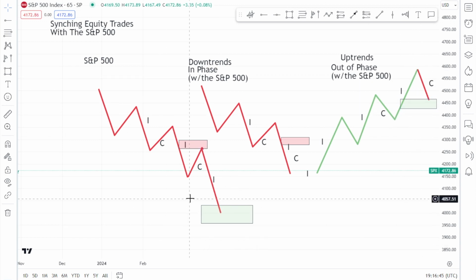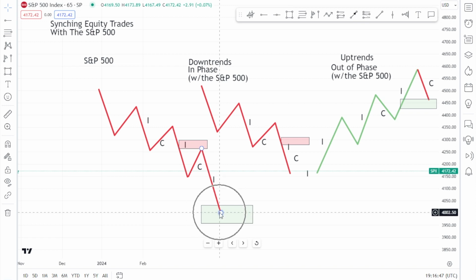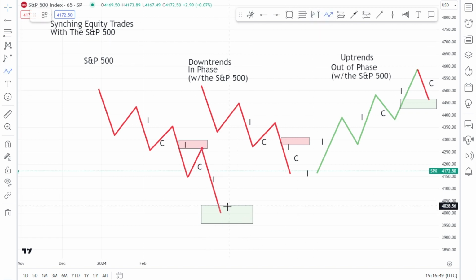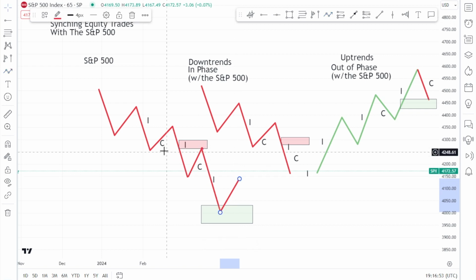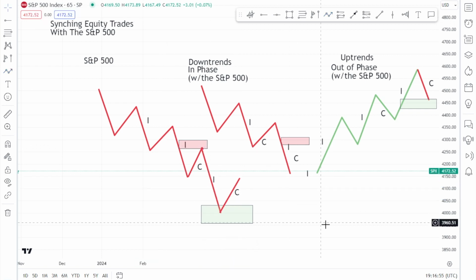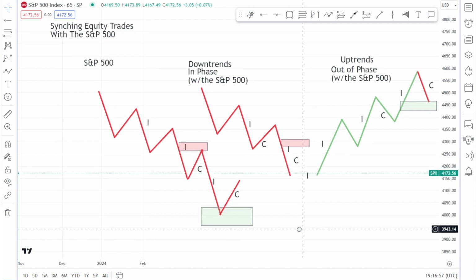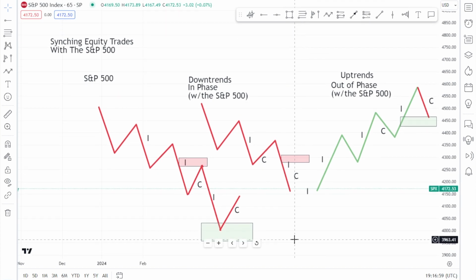Our stock's in a corrective move. The S&P is in an impulsive move. Now the S&P hits this and pulls up in a corrective move. So I'm going to put the correction right there. It pulls up in a corrective move. At the same time, and we typically don't want to buy corrective moves. They're weak. They're easy to fail.